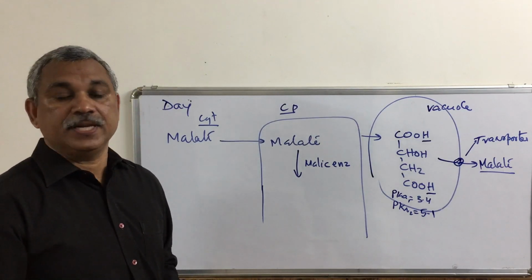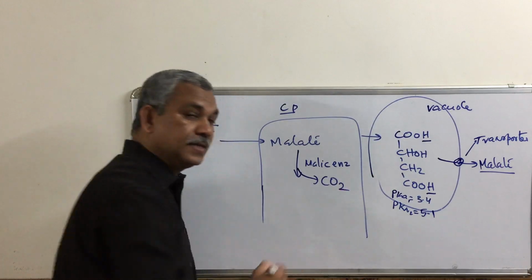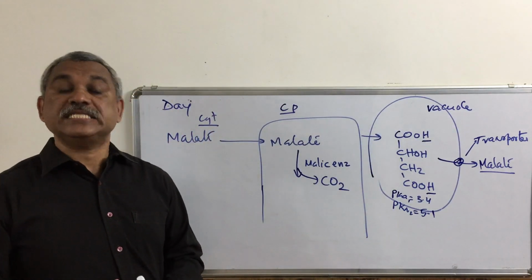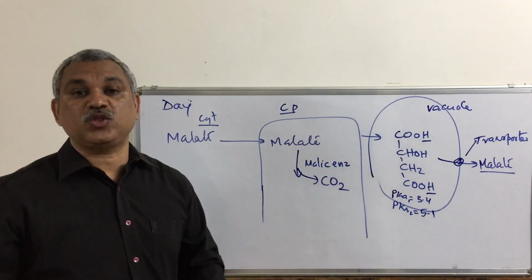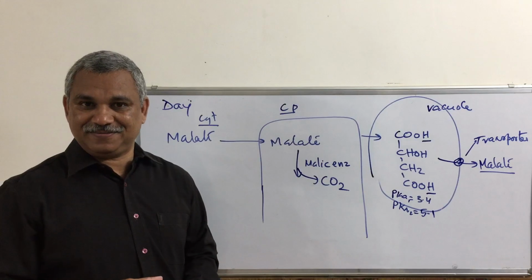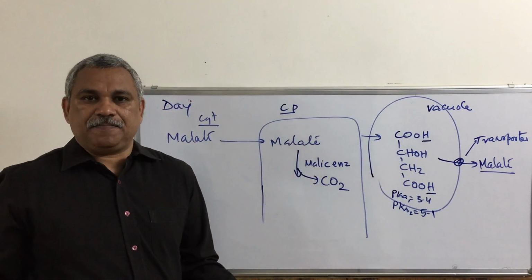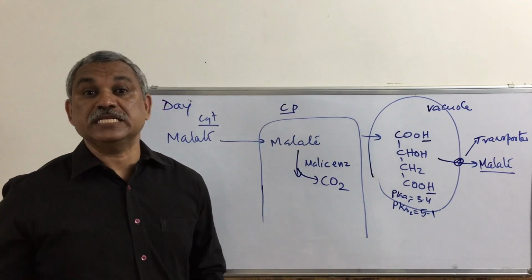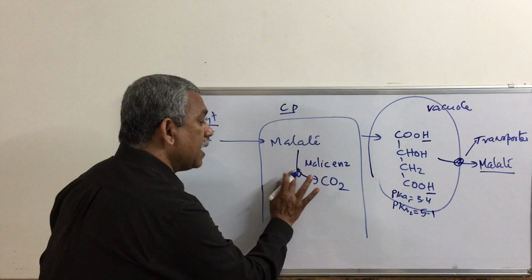This carbon dioxide is needed to be fixed for the C3 pathway so that 3-phosphoglycerate can be made. There are 3 types of enzymes which can remove a CO2 molecule from malate.